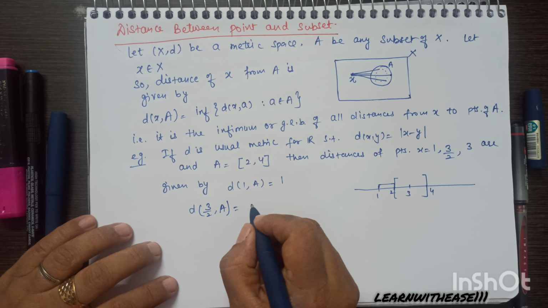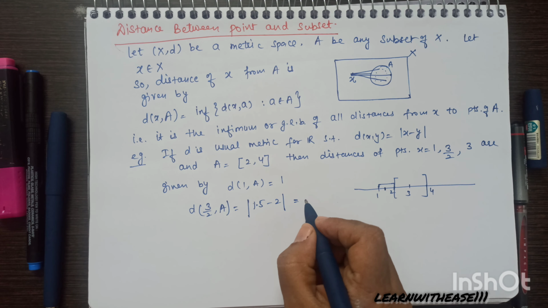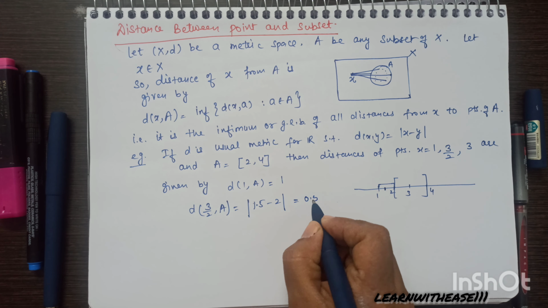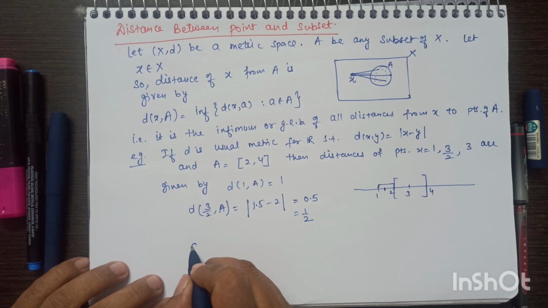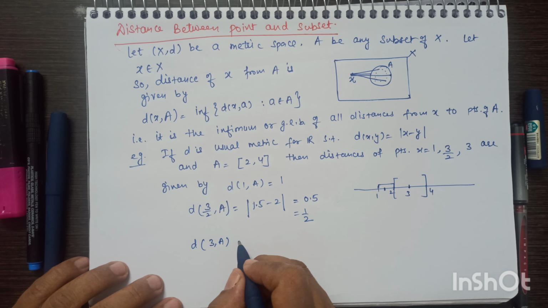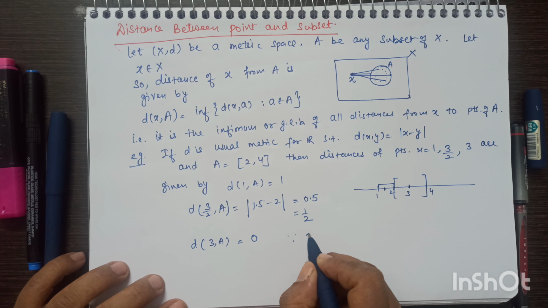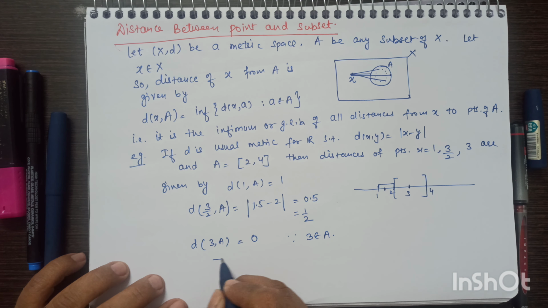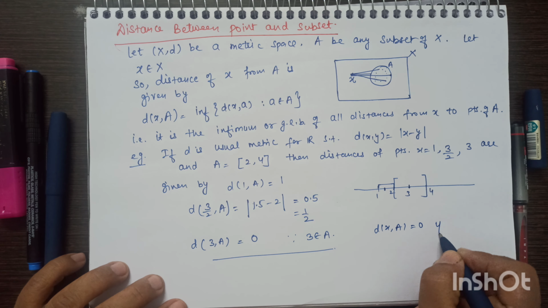The minimum possibility is given by 3/2 to 2, that is modulus of 1.5 minus 2, that is 0.5, that is half. And if we want the distance from 3 to A, since 3 lies inside the set A, the distance will be 0. Whenever you are finding the distance from a point to a subset and the point lies in that subset, then the distance is 0.